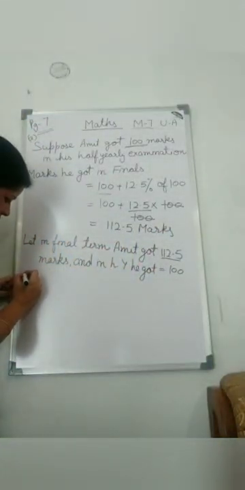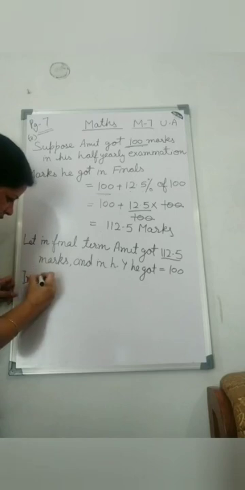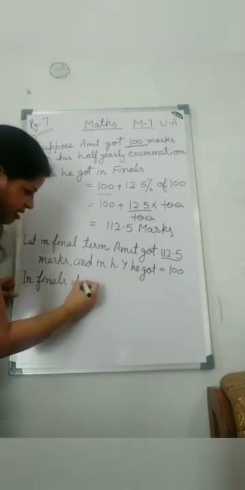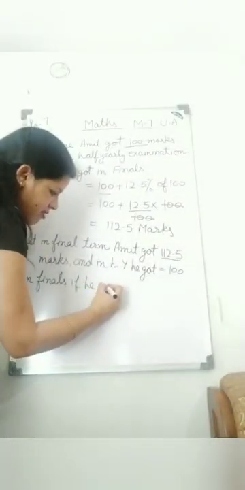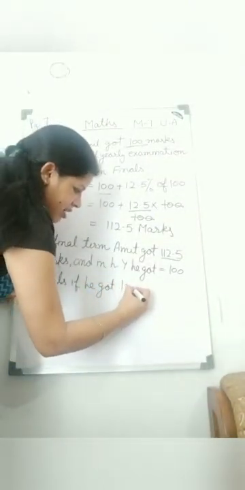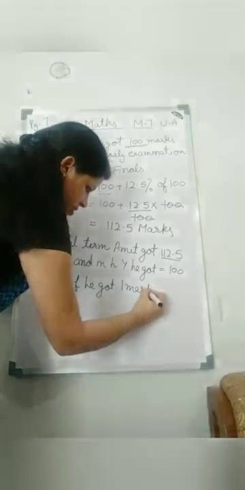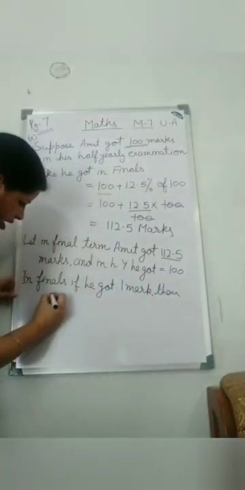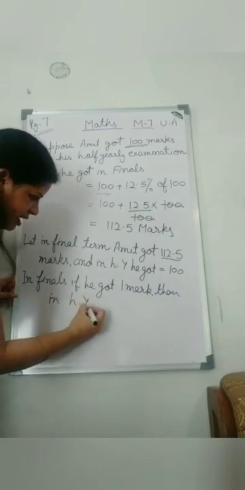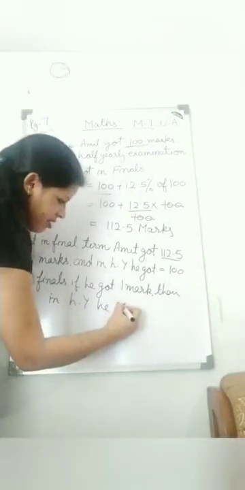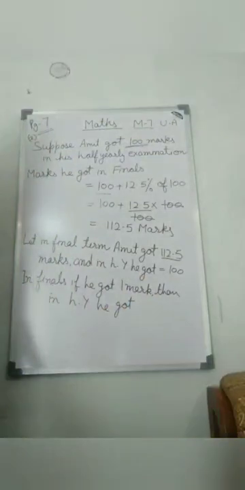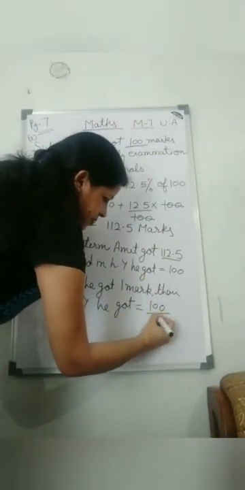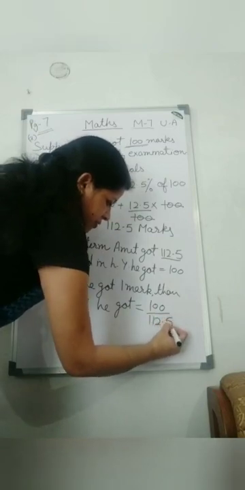In finals, if he got 1 mark, then in half yearly he got obviously less marks. So we divide 100 upon 112.5.